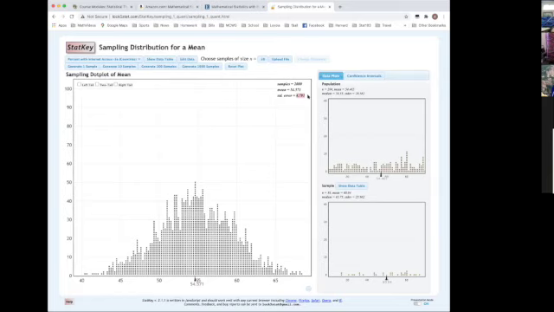So in this case, the standard error we'll just call 4.8. We're just about to put the cherry on top here for our completion of the central limit theorem.